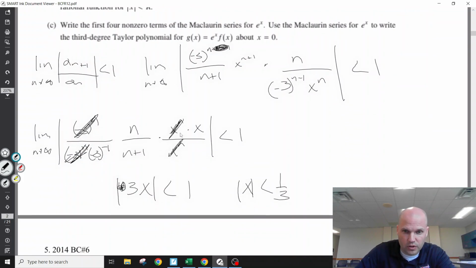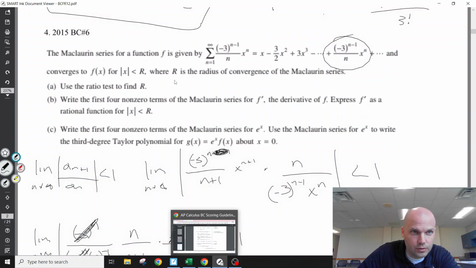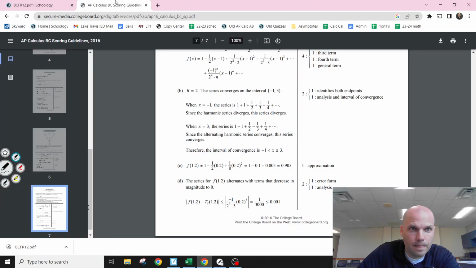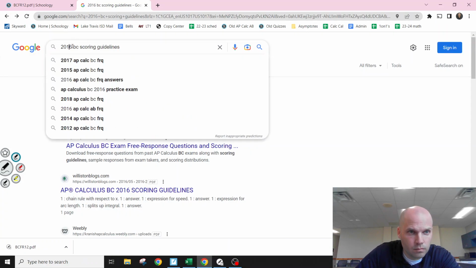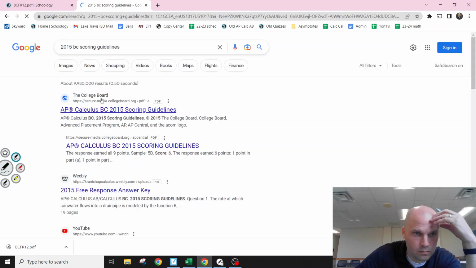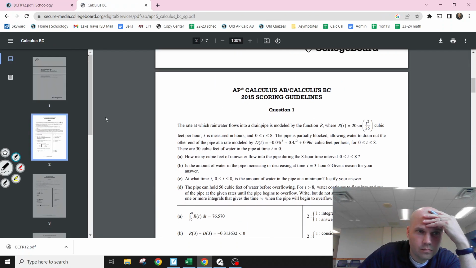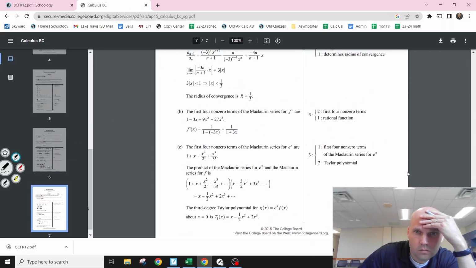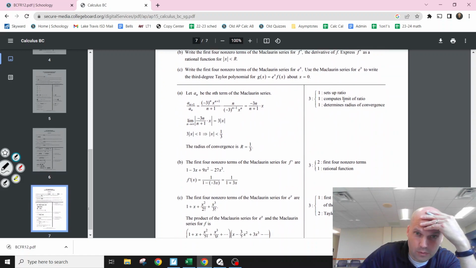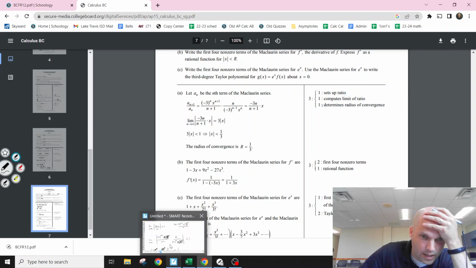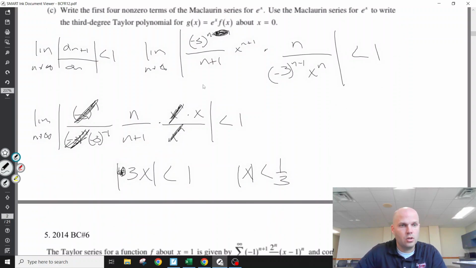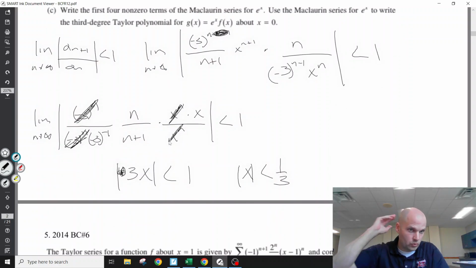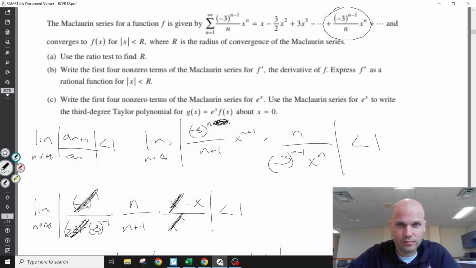This is 2015, and it's only 3 points. Sets up the ratio, computes the limit, determines the radius of convergence. So make sure that at some point you show that this n over n plus 1 goes away. 3 points, I've seen it worth 5.